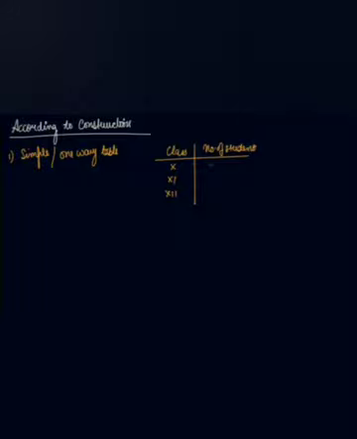Let's say 100, then 70, then 80. So in this only one characteristic of a data is shown. So this is simple or the one-way table.